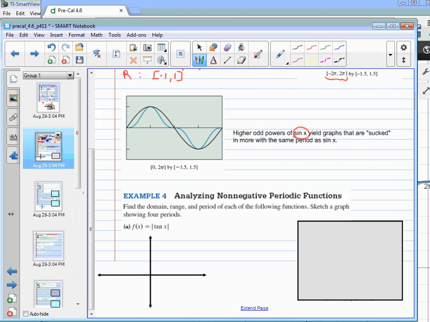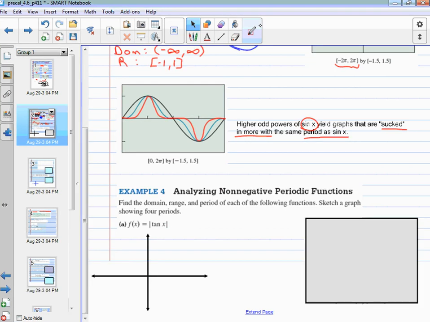If I graph sine to the 4th of x, it looks very similar, but for lack of a better way of expressing it, it gets sucked in more in the maximums and minimums. Same period as sine of x, and higher powers just get sucked in more and more.